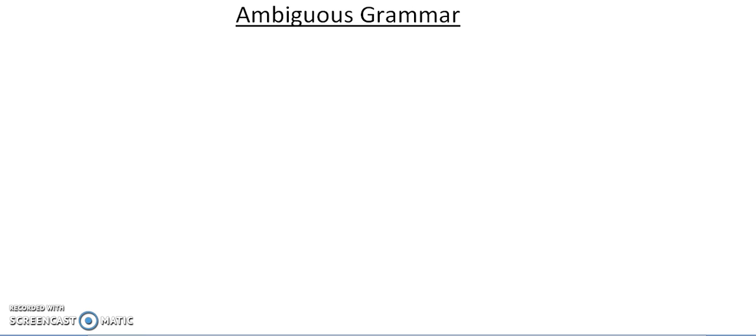if there exist two or more LMDs or two or more RMDs for the same string, which is called an ambiguous grammar.